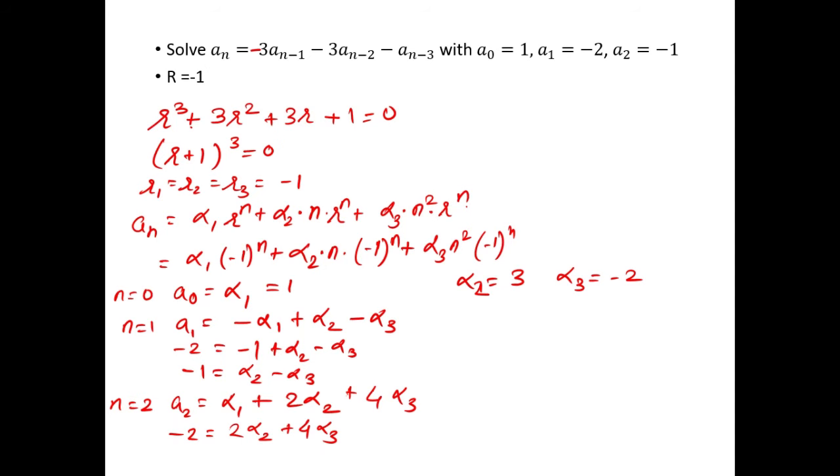So we get the final solution equation as an is equal to alpha 1, which is 1, into minus 1 raised to n, plus alpha 2, which is 3, into n into minus 1 raised to n, plus alpha 3, which is minus 2, into n square into minus 1 raised to n. So this is a solution for the recurrence relation with three roots.